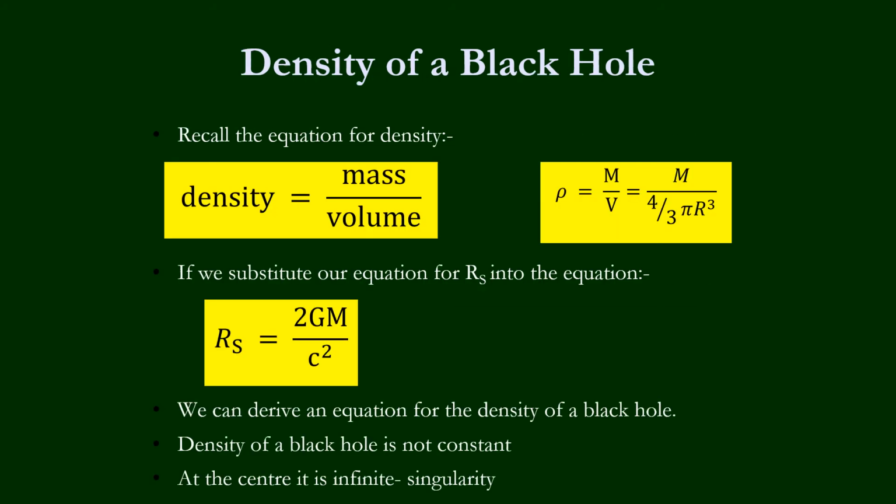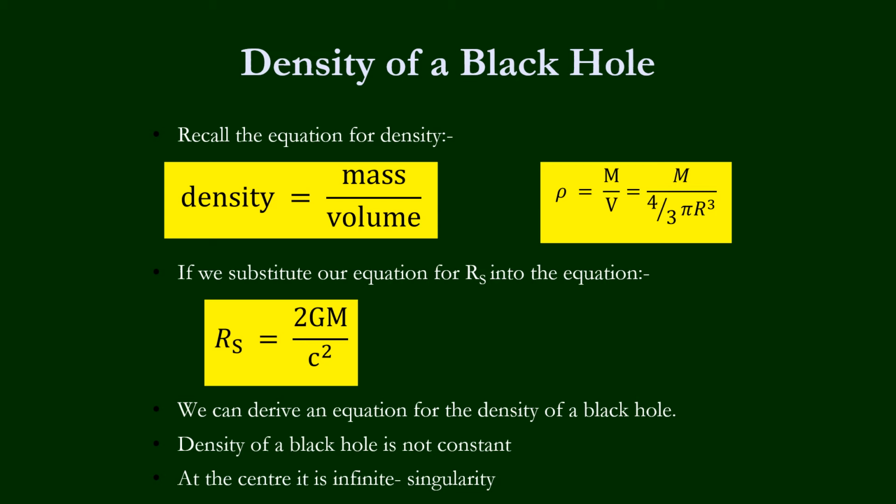We know the density of an object is given by mass over volume. Assuming that the black hole's a perfect sphere, then we can say the volume is 4/3 pi r cubed. And then all you'll need to do is substitute in the equation for the Schwarzschild radius for r into that expression, and then you can find the density.